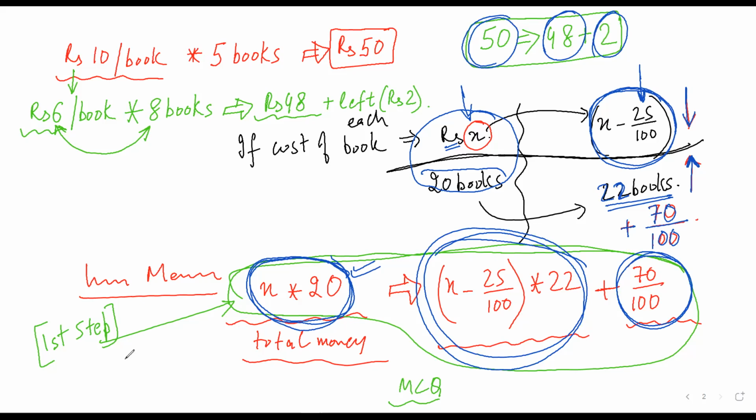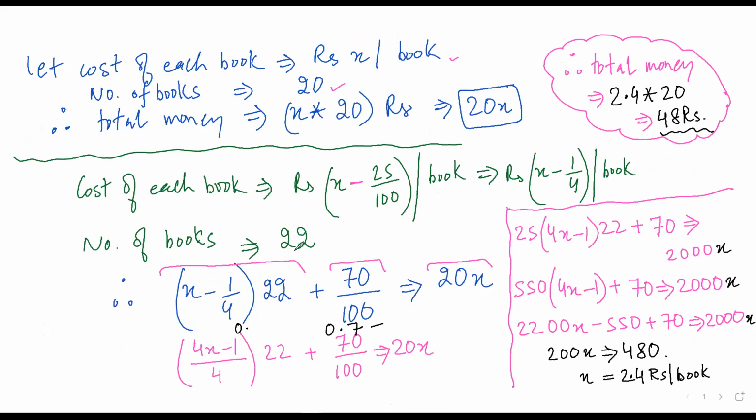So once you have crossed this step 1, of course the second difficulty would be to solve this equation. Satya, have you understood? Yes, sir. So whatever we have discussed, this is what is written here. The cost of each book is X, number of books is 20, this is the amount that you had.